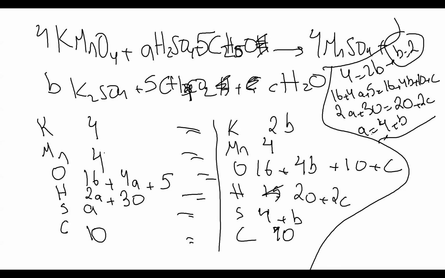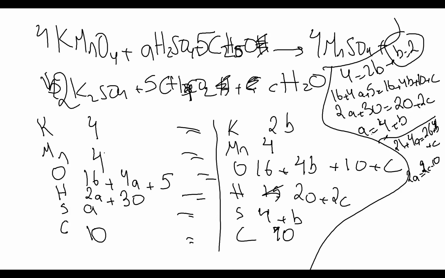Okay, so we have already B here, it's 2. 16 plus 4A plus 5 equals 16 plus 4B plus 10 plus C. So 21 plus 4A equals 26 plus 4B plus C. 2A plus 30 equals 20 plus 2C. 2A equals 2C minus 10.